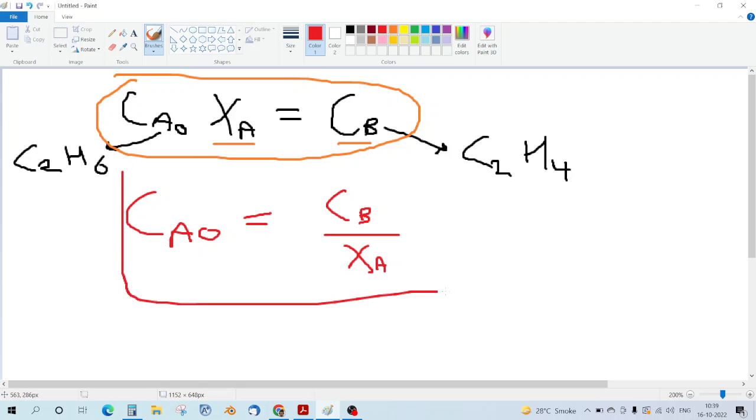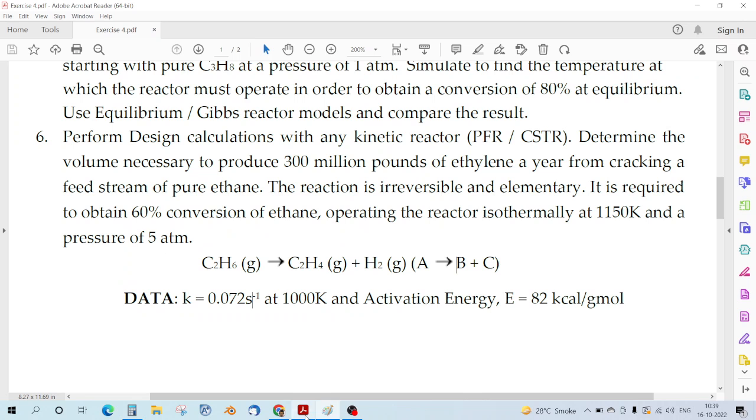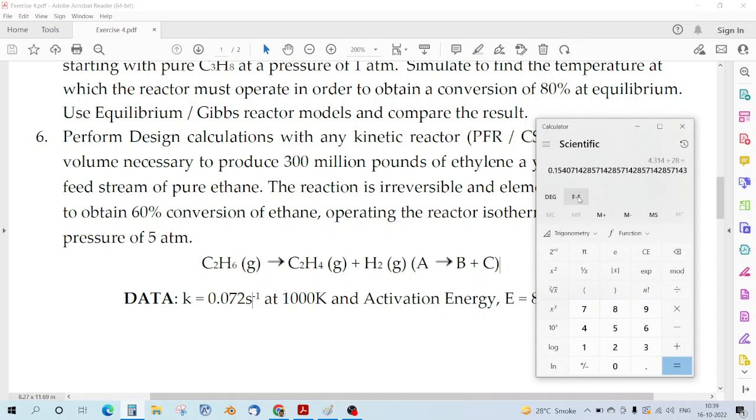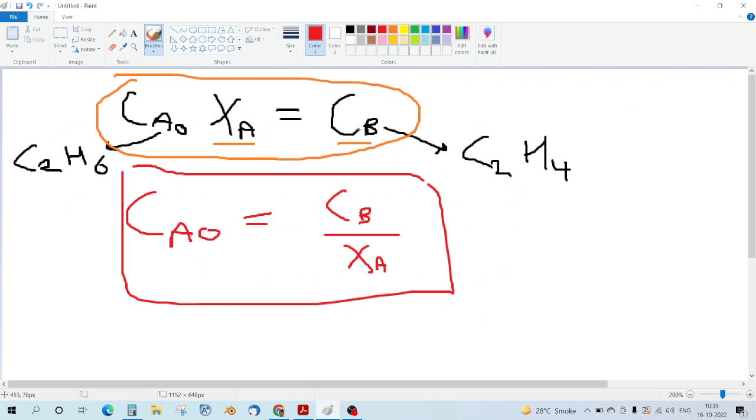So we need to do this particular thing. This is A gives B plus C, so we take the moles that we have, kilomoles per second of ethylene, divided by 0.6, because the conversion is 0.6.